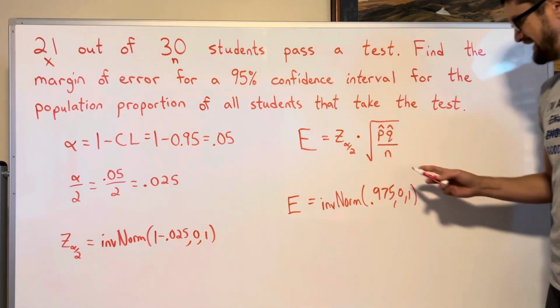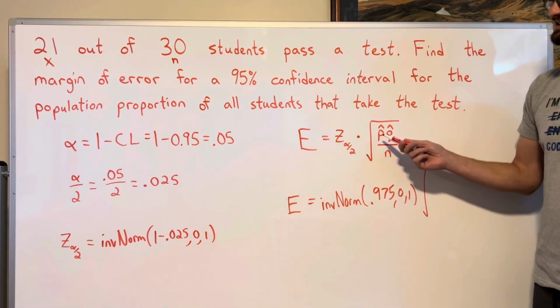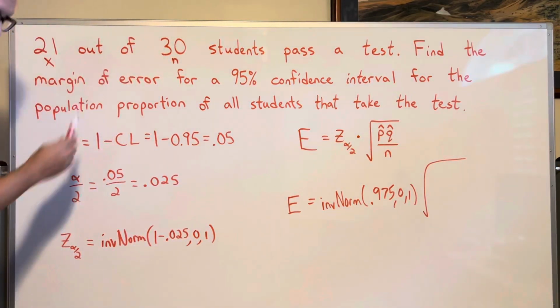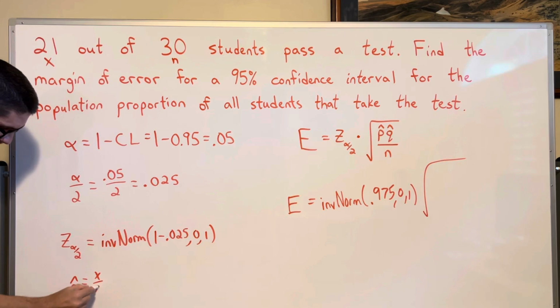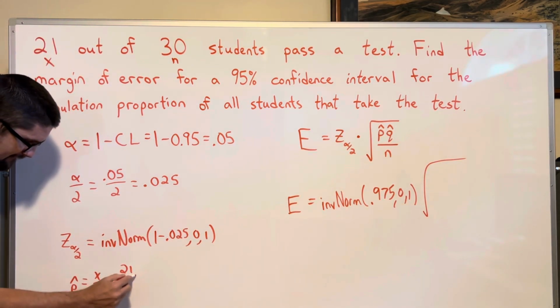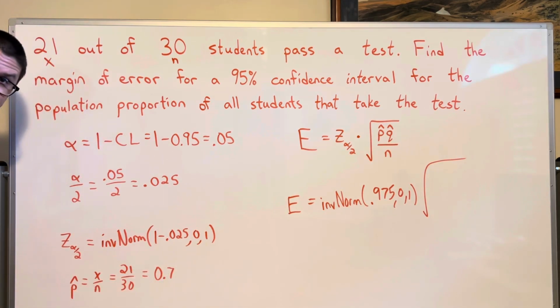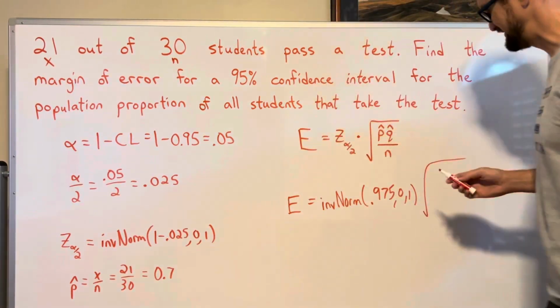Then we want to multiply it by p hat, which is going to be x over n, which is 21 divided by 30. And that is 0.7. So that means 70% of the students are passing this test.